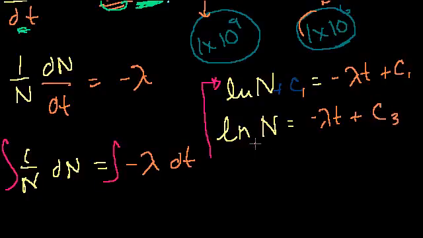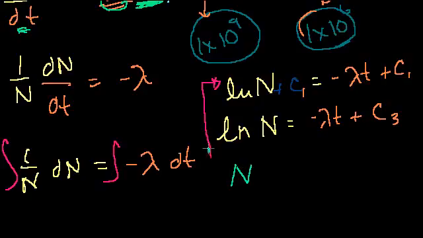And now if we want to make this n as a function of t, let's take e to the power of both sides of this. You can view that as kind of the inverse natural log. So e to the power of ln of n, that's saying what power do you raise e to get to n? So if you raise e to that power, you get n.